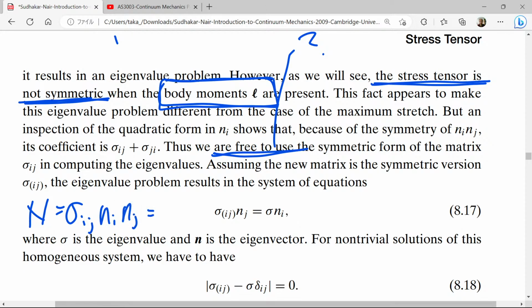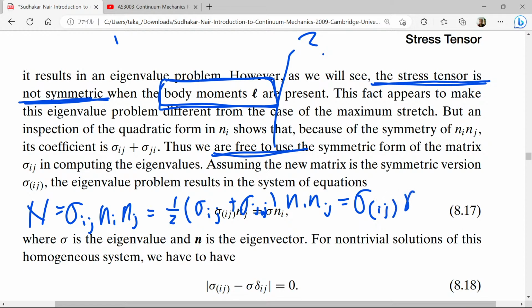This is more like 1/2 sigma ij plus sigma ji, this is ni nj, and we can call this sigma symmetrized ij ni nj. Then I say ni nj.